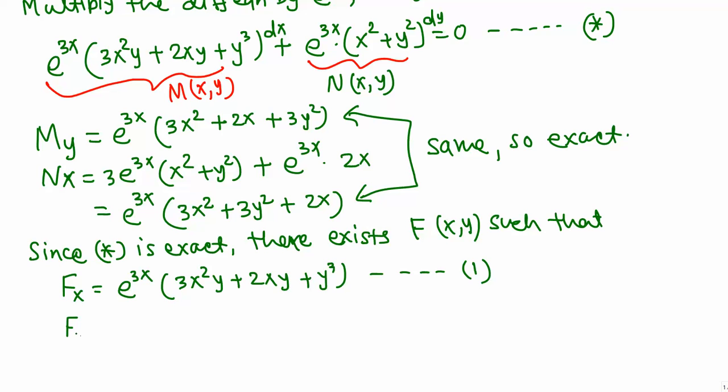And the partial derivative of f with respect to y is N, which is in fact e raised to 3x times (x squared plus y squared). Let's make this 2.